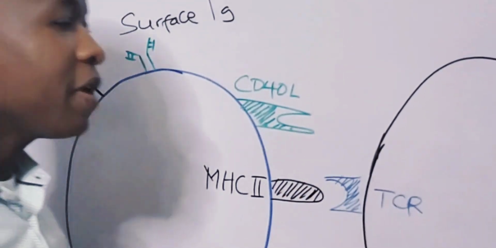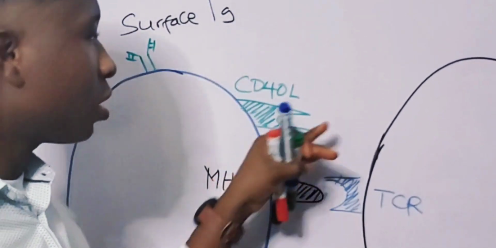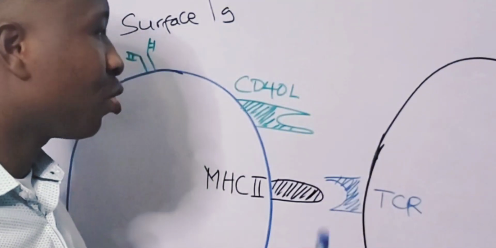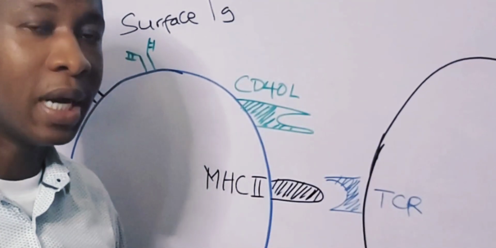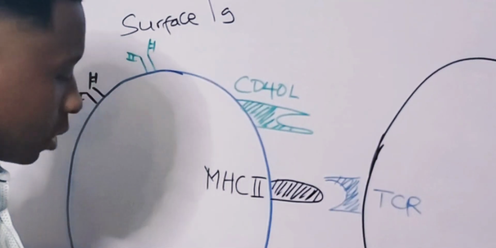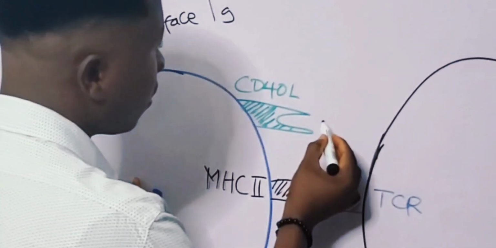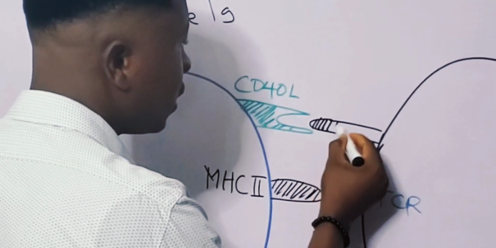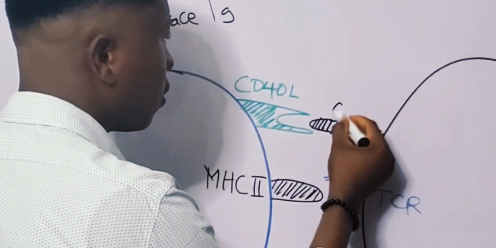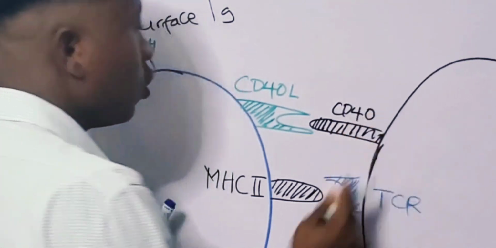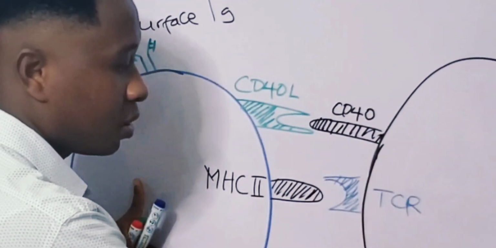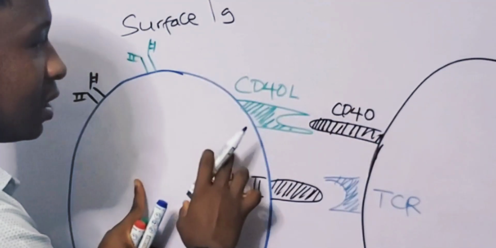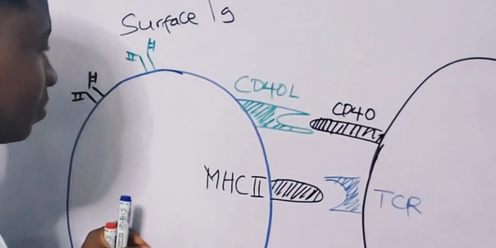Then we will also have a complementary molecule on the surface of the T cell as well that will complement CD40 ligand. And that is what we call the CD40. So we have the CD40 on the surface of the T cell, the CD40 ligand on the surface of the B cell.